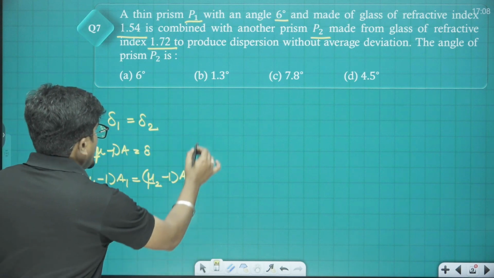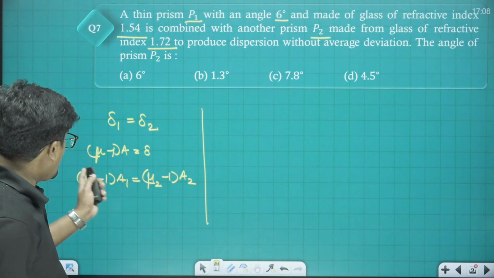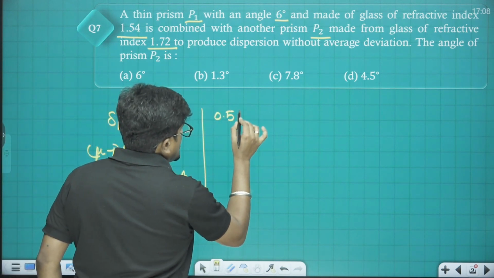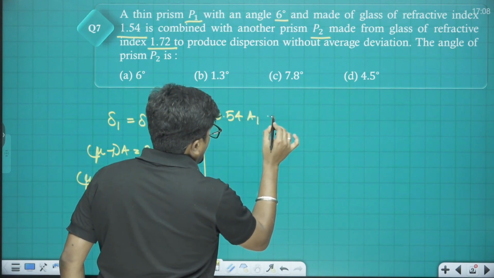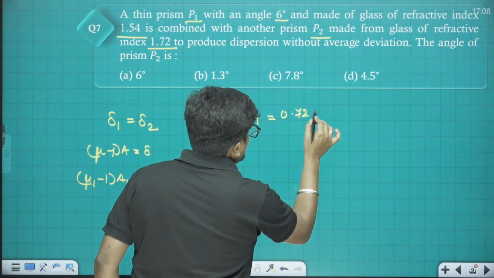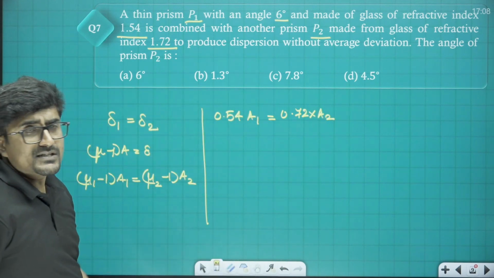All right, fine. What was mu 1? Mu 1 was 1.54. 1.54 minus 1 is 0.54. So 0.54 into A1 needs to be equal to 0.72 into A2. A1 is 6 degree.